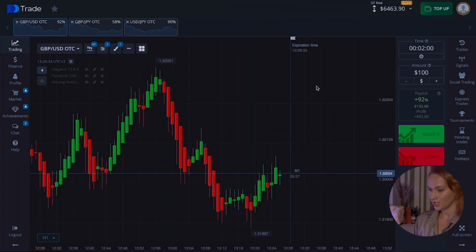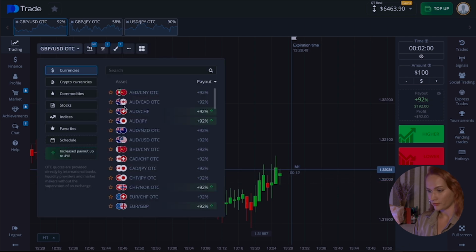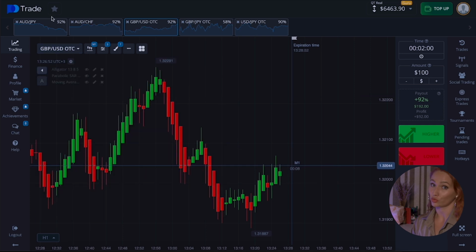So let's see in practice how trend lines are built. We are going to be using currency pairs. I have opened 3 of them. You can add some if you like. So you basically want to have a choice.